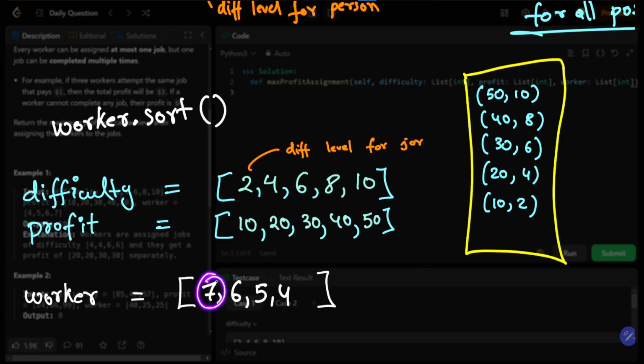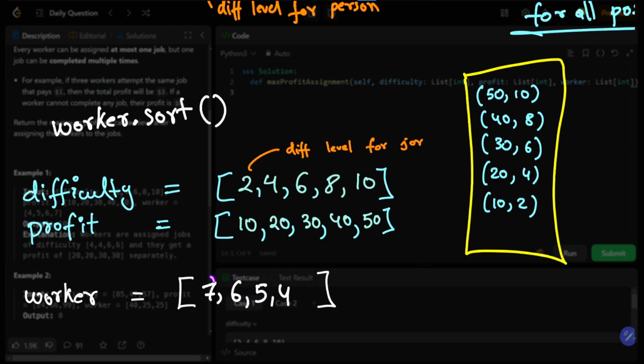This person can do a task only with difficulty level 7 or less. What if I have a job more than this? If you see these two jobs having difficulty level more than 7, if this person alone cannot do them, how will this person do them? Because this person's difficulty level is way lesser than this one. So for this, I can remove this part.